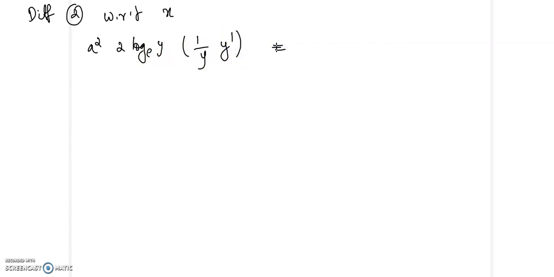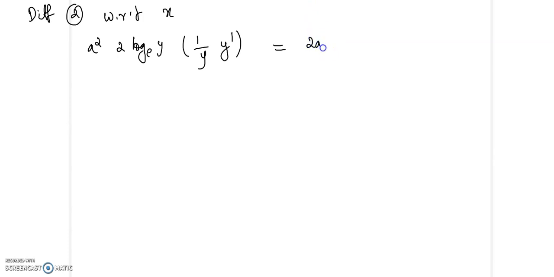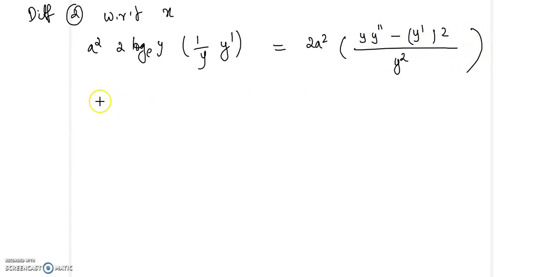So that will be equal to, on the right side, 2a square, and using the quotient rule, you get y square into y double dash minus y dash square. Okay. Now 2a square will cancel off.